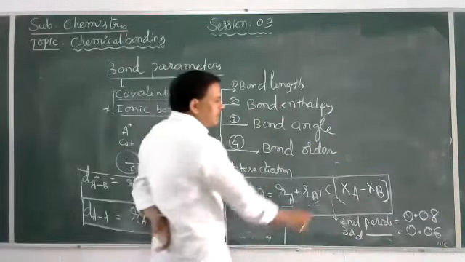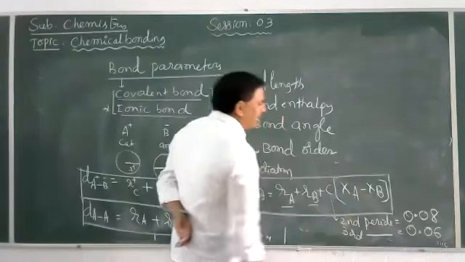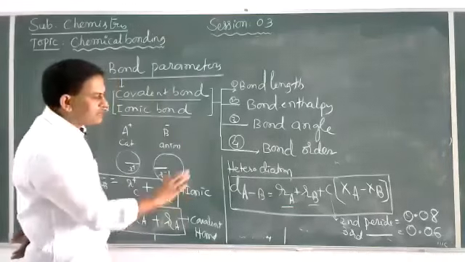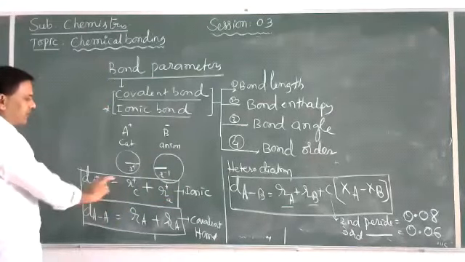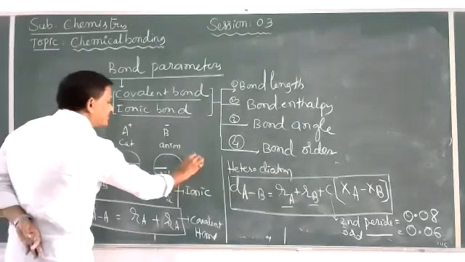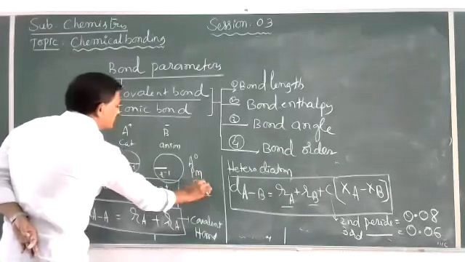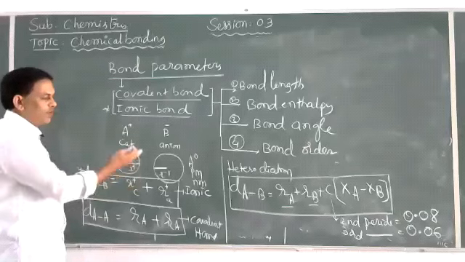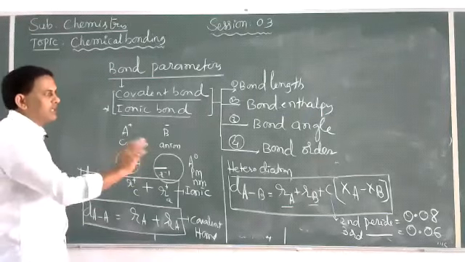XA is the electronegativity of element A and XB is the electronegativity of element B. By using this, we can calculate the distance or radius, generally expressed in angstrom units, picometers, or nanometers. We know those values. In this manner, we can calculate.